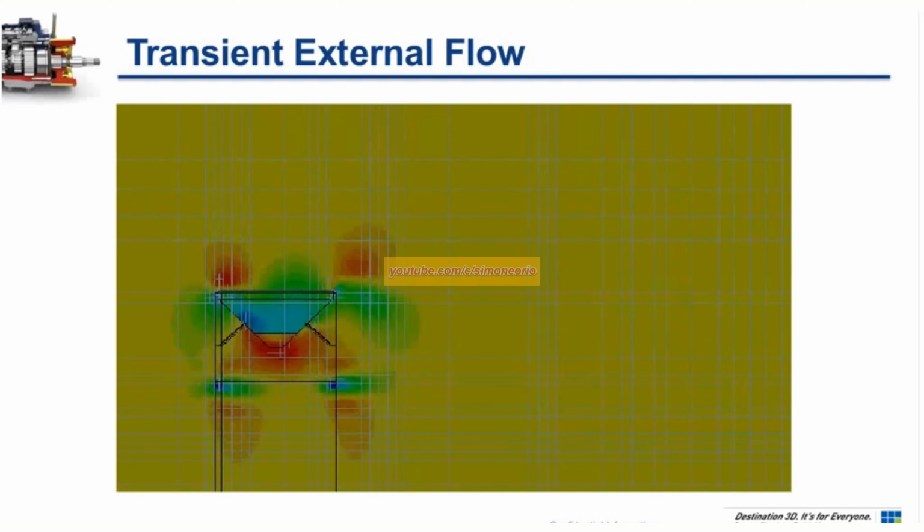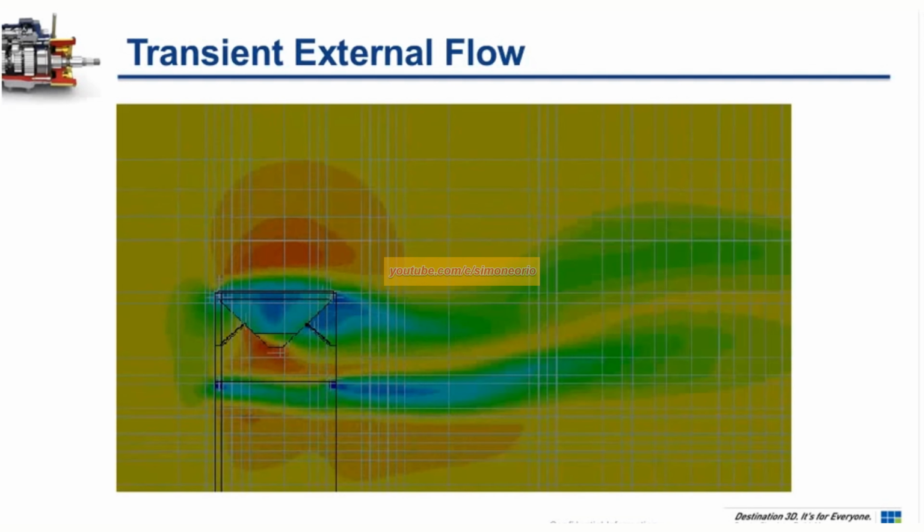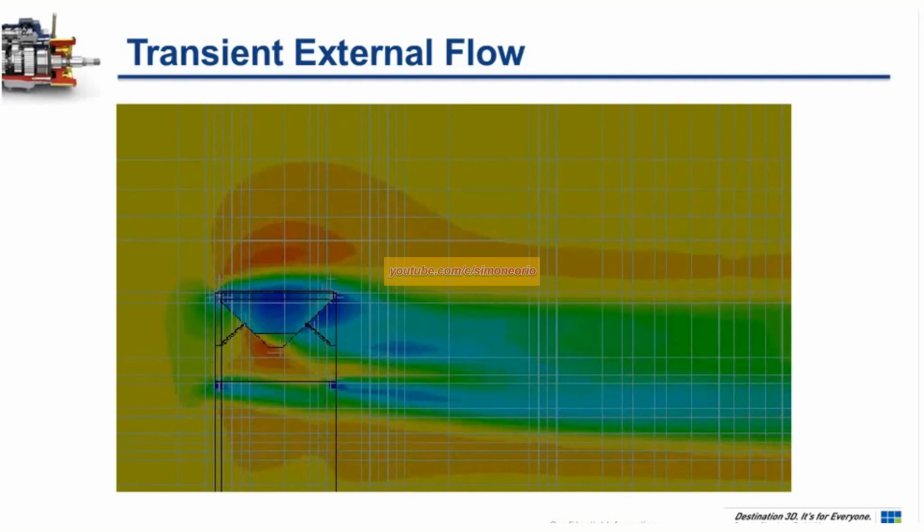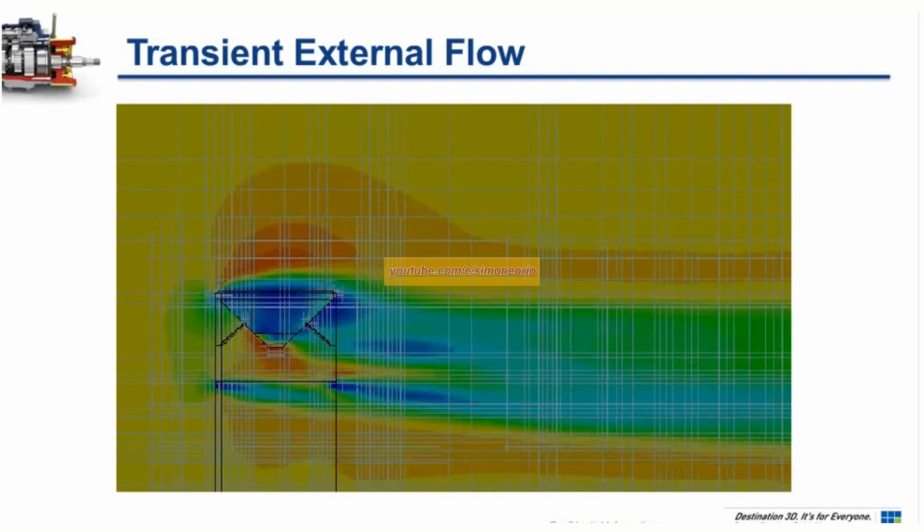We can set on a refinement check so that it checks in with the simulation every number of iterations or every few time steps, and we'll remesh the model where we need to get the refinement.